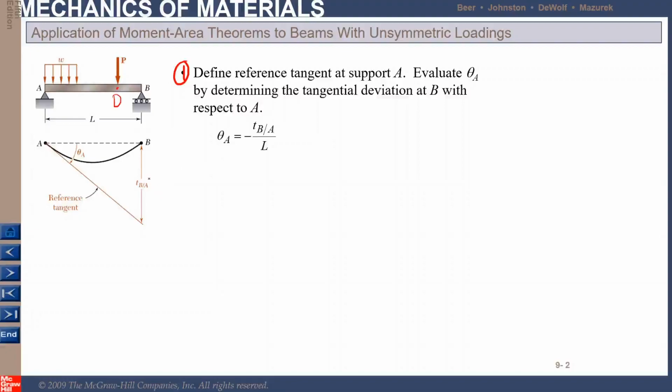The value of tBA here is just the total value of the area times the X bar from our moment over EI curve.